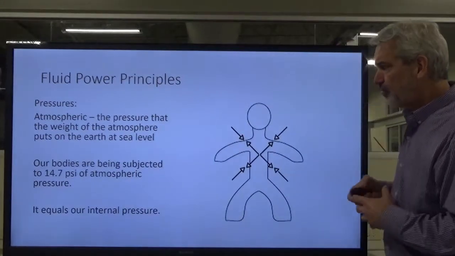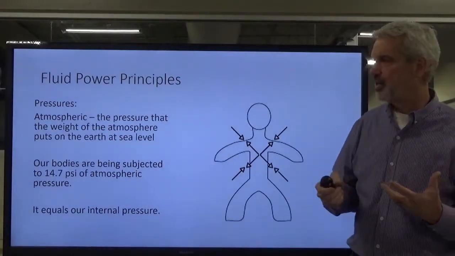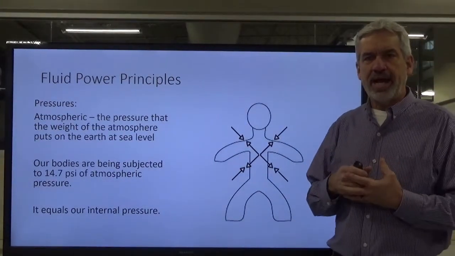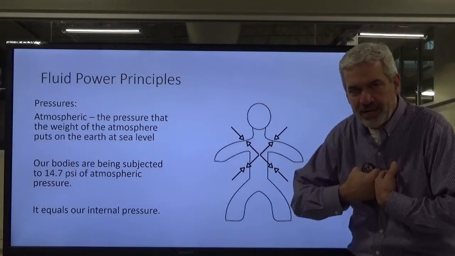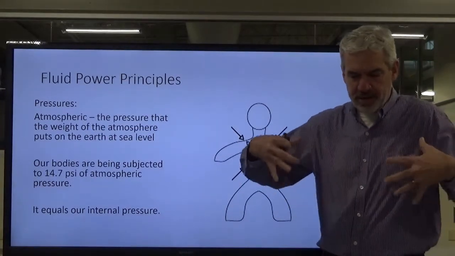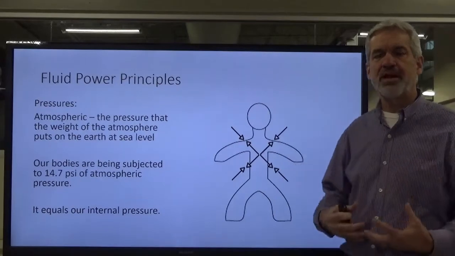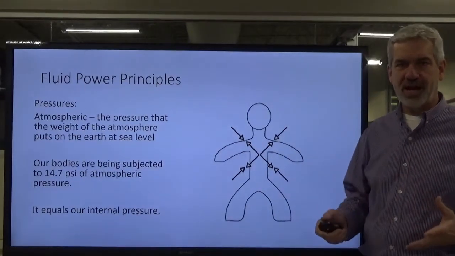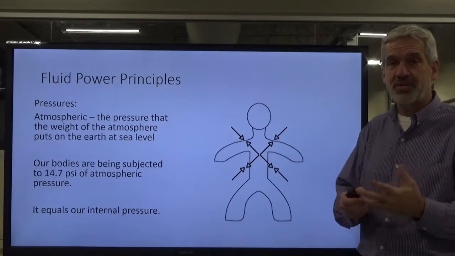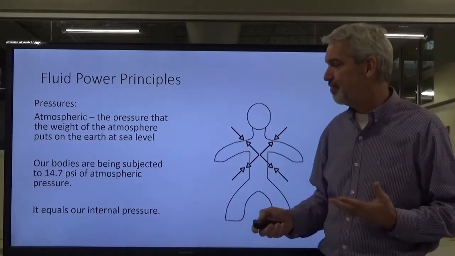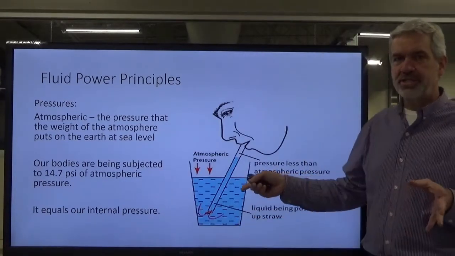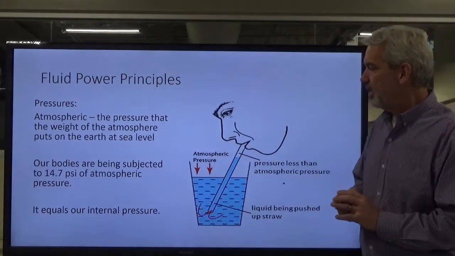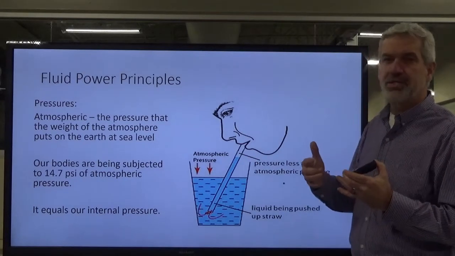Now, our bodies are subjected to 14.7 pounds, and the reason our bodies are not caving in from the pressure pressing all over us is that we have an equal amount of force on the outside and on the inside of our body too. So the force is equalized, all right? Here's a little thing to relate to atmospheric pressure.